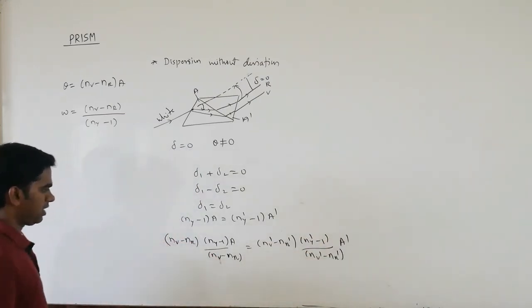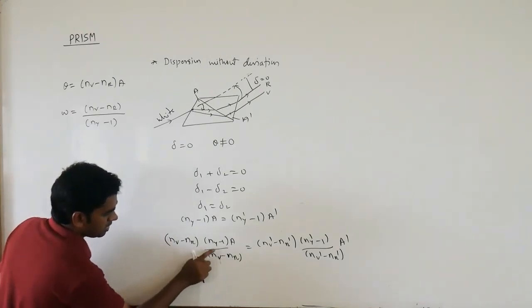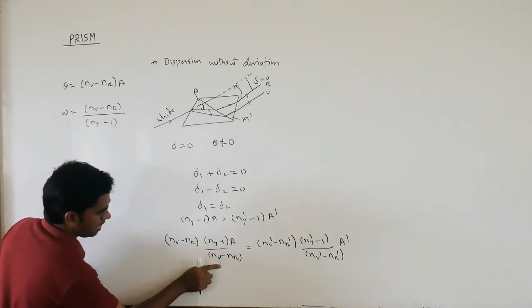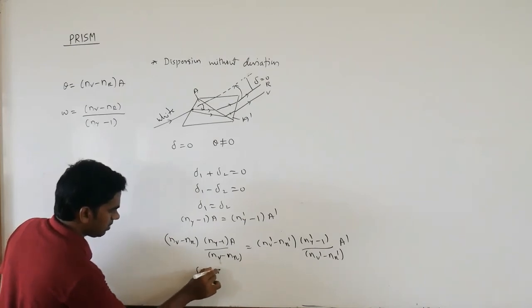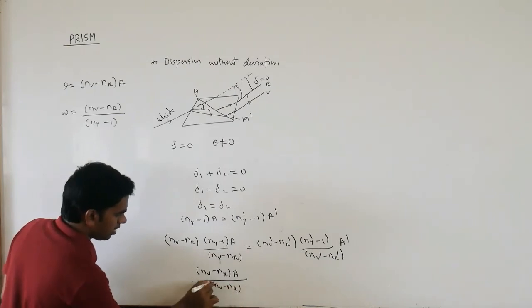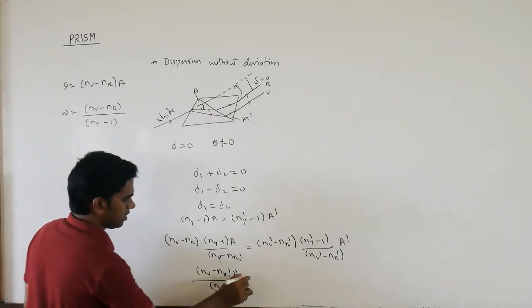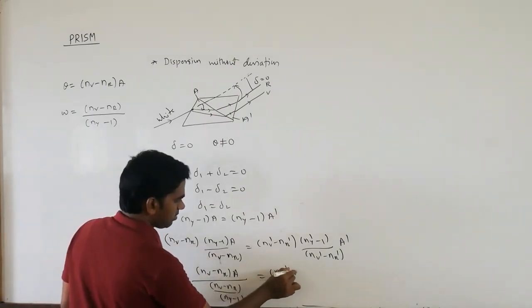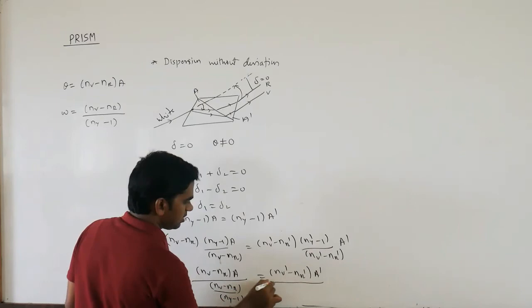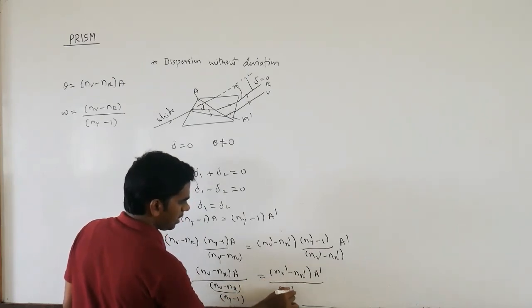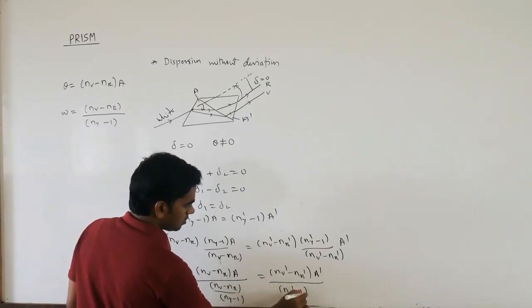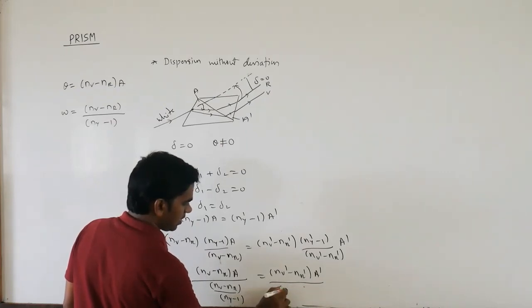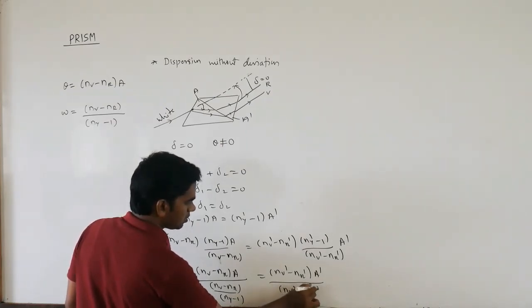If you look at this, NV minus NR, you take it to the denominator, so I write NV minus NR into A, whole divided by NV minus NR divided by NY minus 1, equals NV dash minus NR dash into A dash, divided by NV dash minus NR dash, divided by NY dash minus 1.